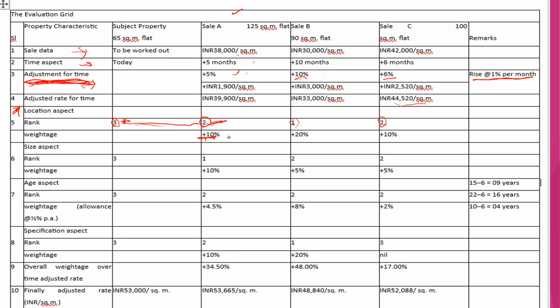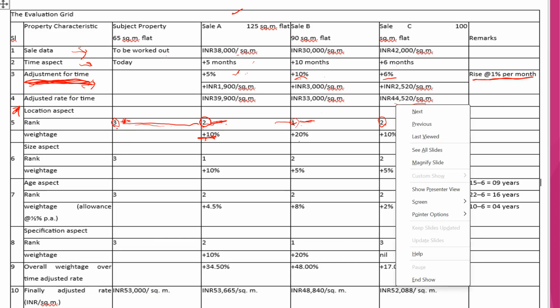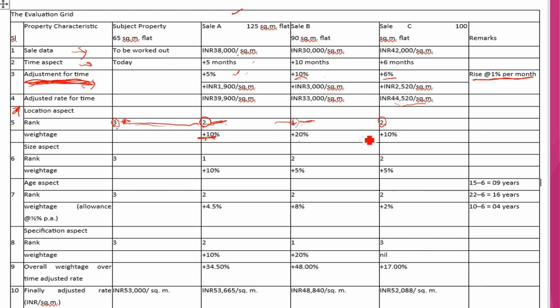Similarly, the second one is also of inferior quality as compared to our subject property, and similarly this sale C comparable is also of inferior quality as compared to our subject property. So for one rank we give plus 10% weightage. So there is a difference of one rank between 3 and 2, we give plus 10%. There is a difference of two ranks, we give plus 20%, and there is one rank difference, we give plus 10%.